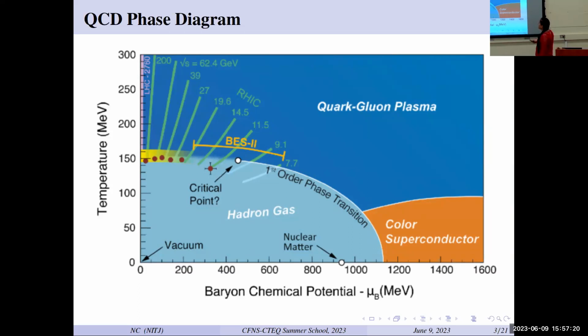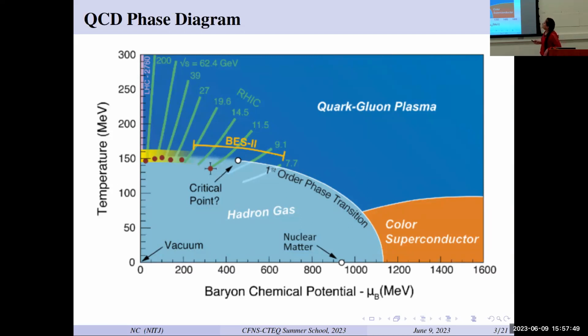As we move along, these are the various experiments working in different temperature regimes. Further, we have the point of nuclear matter, where nuclear matter is said to exist. This first order phase transition line separates the hadronic gas phase and the quark-gluon plasma phase. Here the quarks are confined, and this is the phase where quarks and gluons are in the free state. Any question?